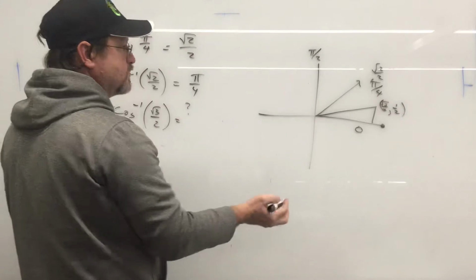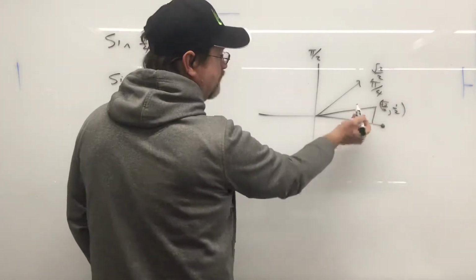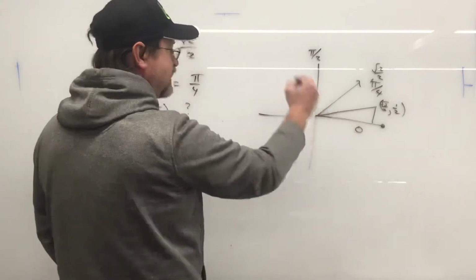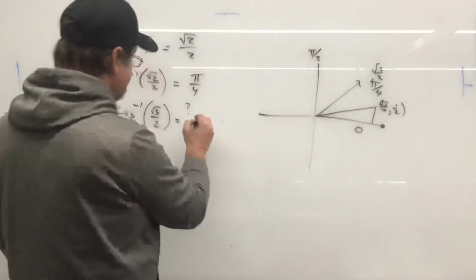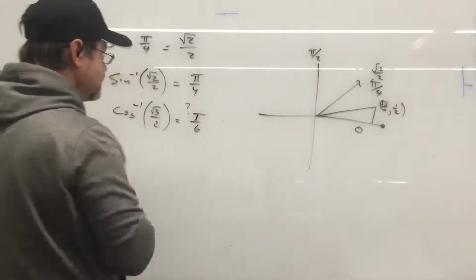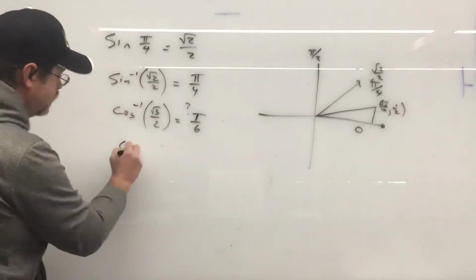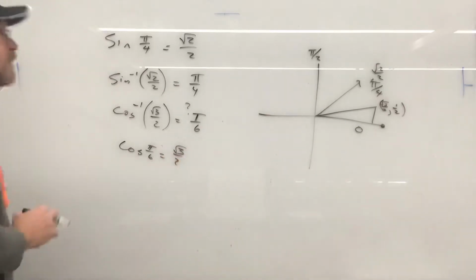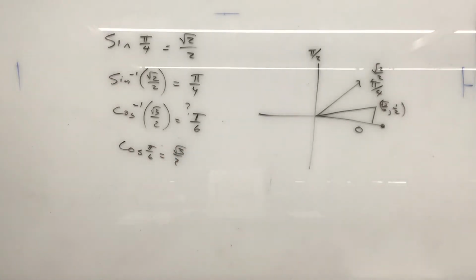Again, thinking about the unit circle, that occurs at the very first of these, which you can think of in terms of 30 degrees, 60 degrees, 90 degrees, or in terms of pi over 6. So that occurs at pi over 6, and cosine of pi over 6, of course, would be radical 3 over 2.